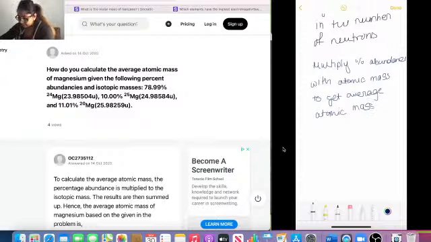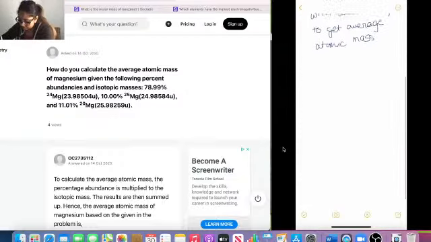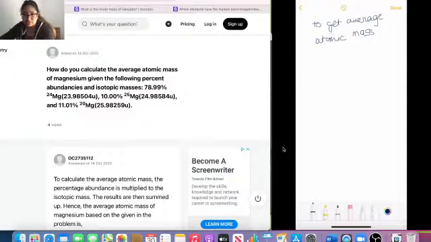Okay, so let's take our first one in this case, which is 78.99%. Let's first express this as a decimal, which is 0.7899, and you multiply this with your atomic mass here, which is 23.98504, right?